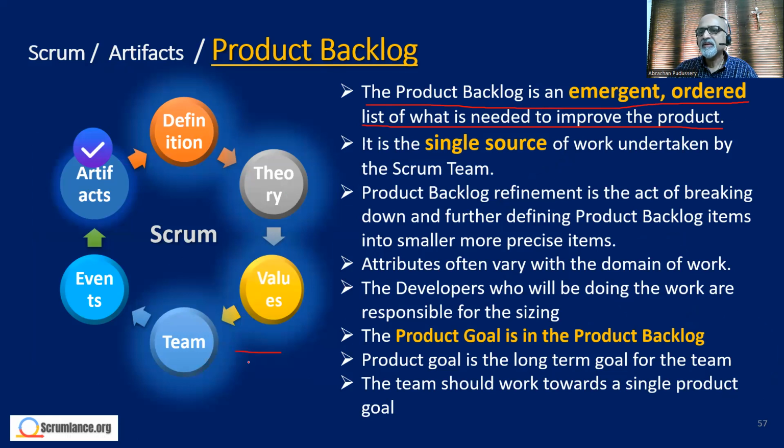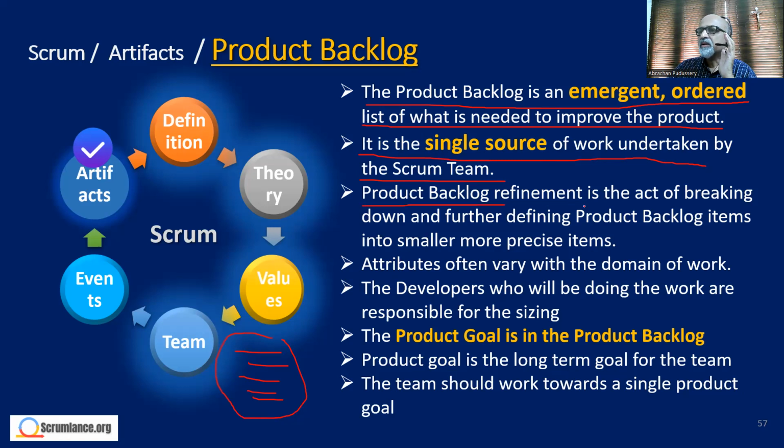So we are talking about a list which gets continuously refined, one-liners basically. And it is a single source of work undertaken by the Scrum team. They don't have any other requirements document. Everything they do comes from the product backlog.